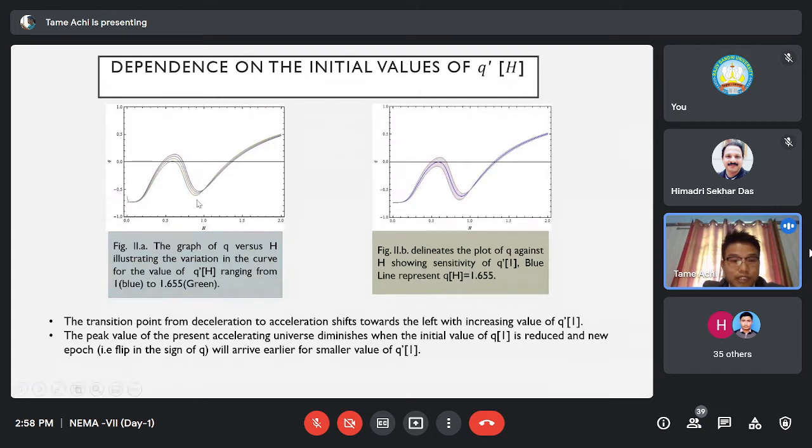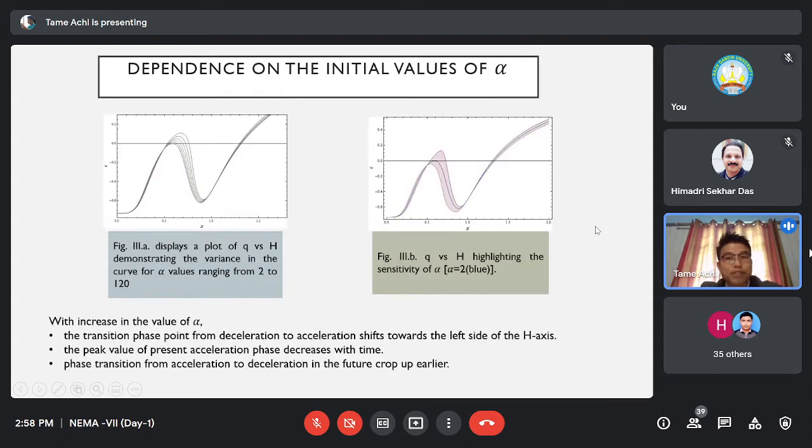And also, the peak value of the present accelerating universe diminished as the initial value is reduced, and it will reach a new epoch earlier with a smaller value of Q prime. And this graph shows the sensitivity to Q prime.